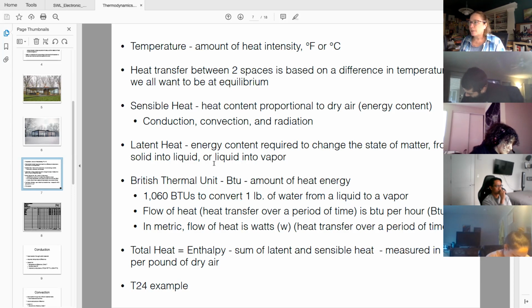Most air conditioners, or not most, all air conditioners create condensate. That's that water, that moisture that they pull out of the air. The energy required to take that moisture out of the air is the latent heat. That is in addition to the sensible heat that is going to lower the temperature in a space.